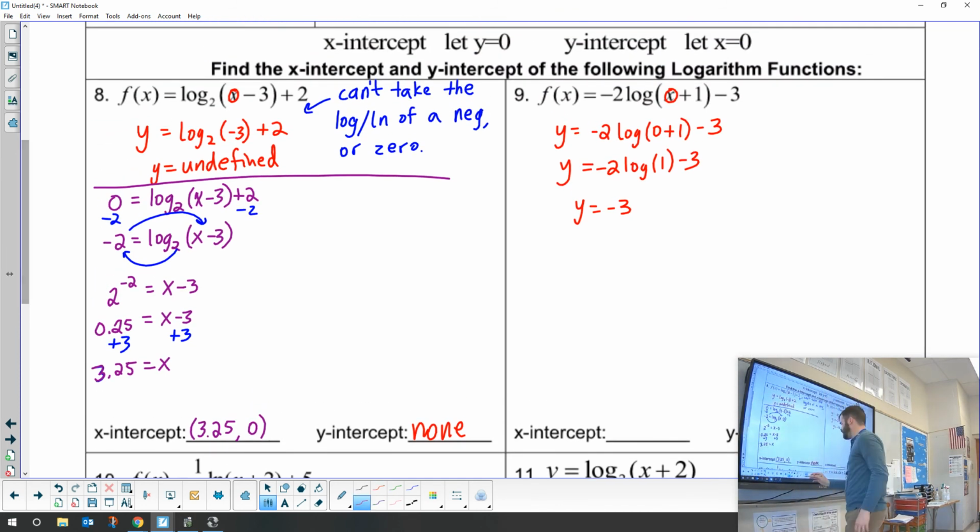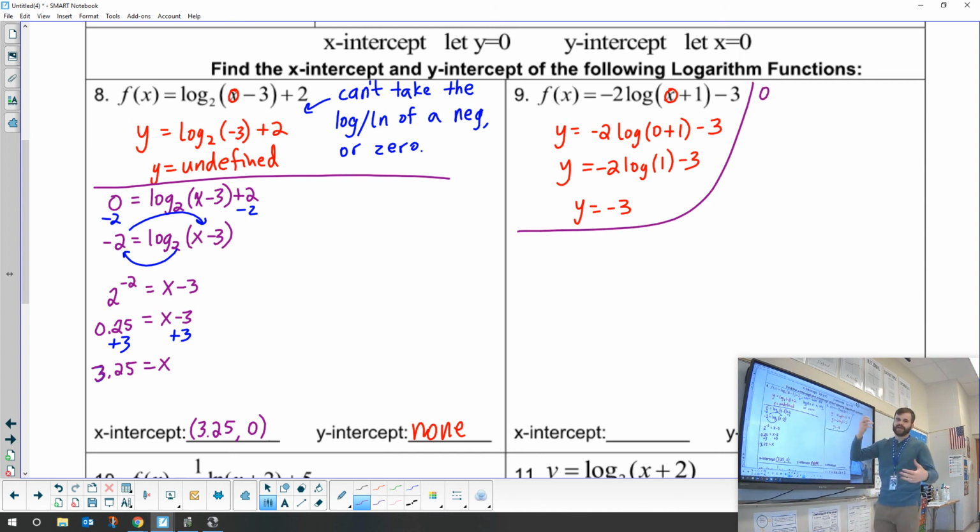All right, what about my x-intercept? Now remember, to find our x-intercept, we're going to replace our y with 0, or in this case, my f of x. Remember, f of x and y are the same thing, so we're going to replace that with 0. We're going to go 0 equals negative 2 times log of x plus 1 minus 3. Then I'm going to add 3 to both sides, right, to get that logarithm by itself.